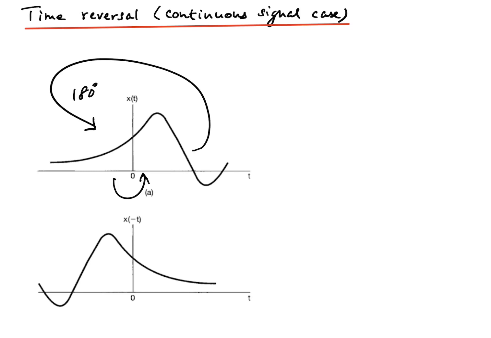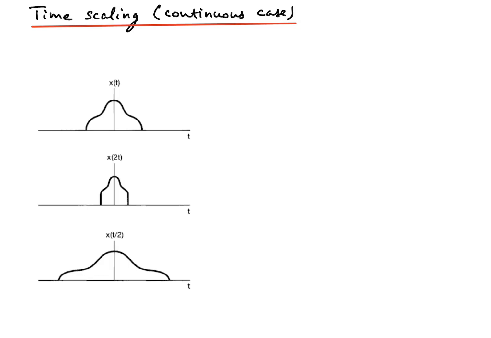And finally, the third transformation that we can perform on a signal is what is called time scaling. Now we have depicted here the signal x of t, which is the original signal, and the two signals at the bottom are the scaled versions of x of t. This is basically x of a t, some constant a times t, where a is some number.